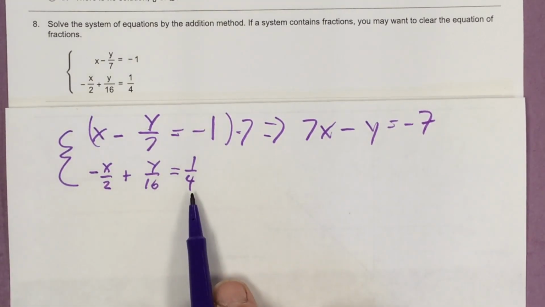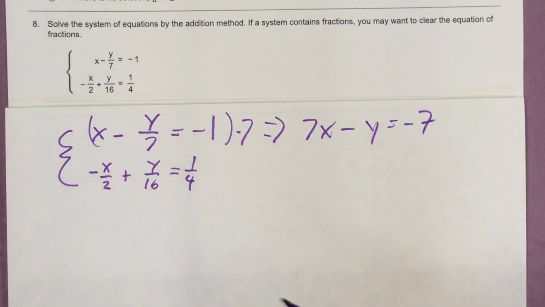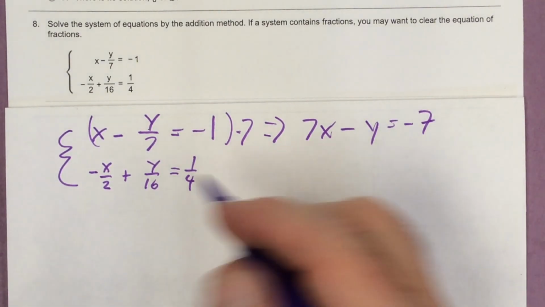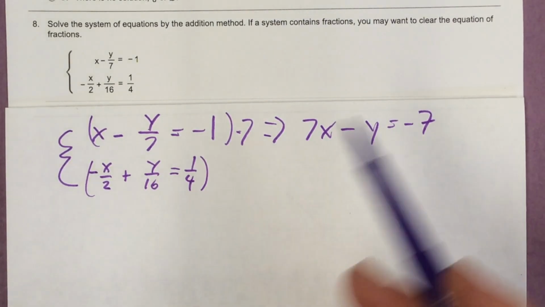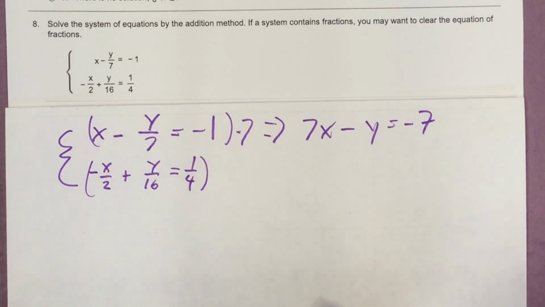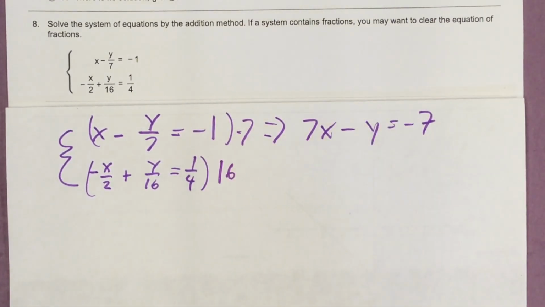Next, we have 2, 16, and 4. Now, trying to multiply this out, you can make this really big if you want. 16 you'll see is hopefully the least common denominator in this. So I'm going to multiply this through by 16 and see what we get.